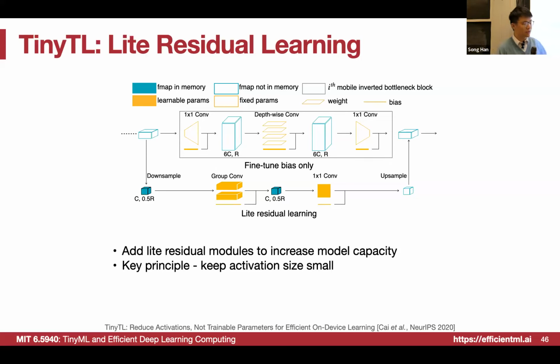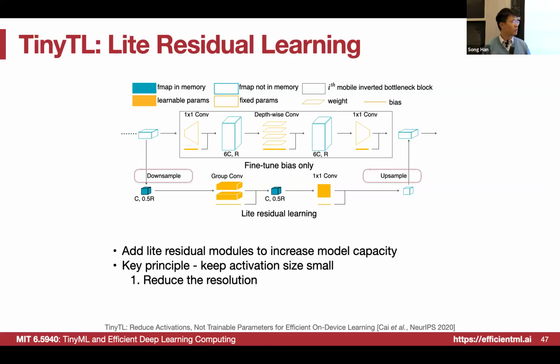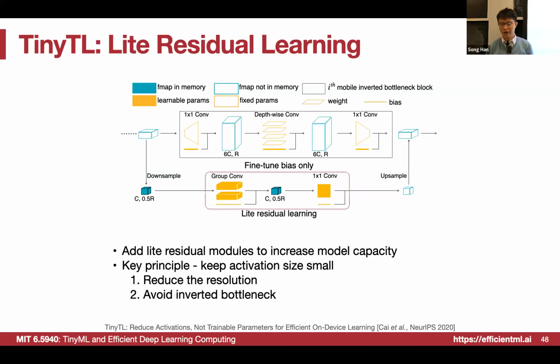The key principle is to keep the activation size small by first reducing the resolution from R to half R, and also avoiding the inverted bottleneck. It's C here rather than going from C to 6C.